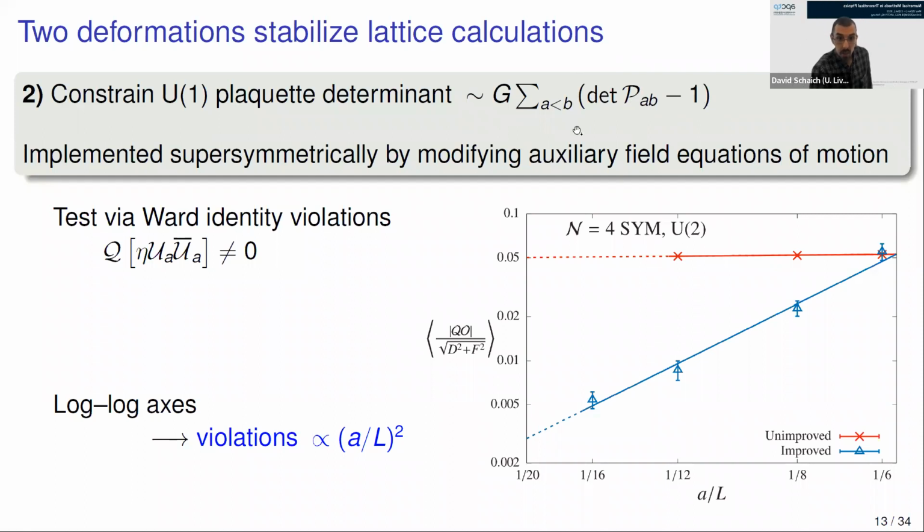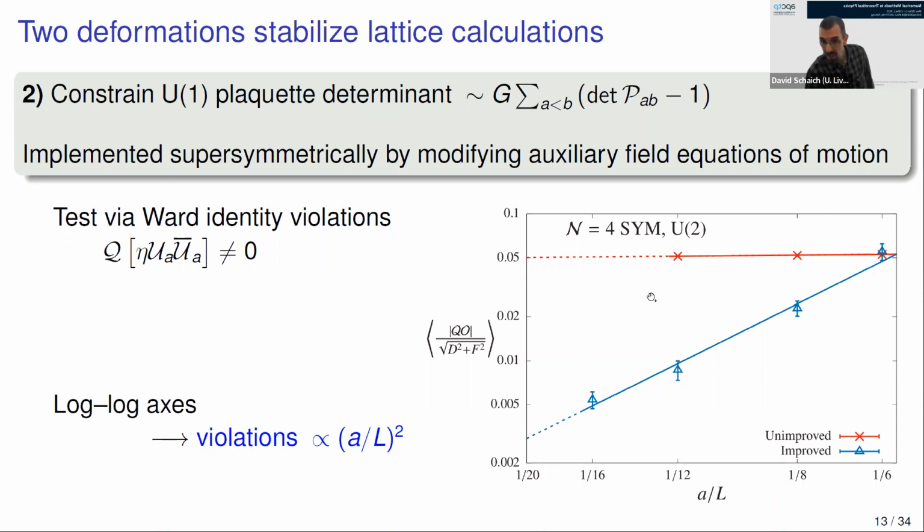We can do that without breaking the supersymmetry by inserting this into the auxiliary field equations of motion. I will leave aside the details on that unless there are questions, but just contrast the effects that this has compared to the more naive approach I presented at the start.